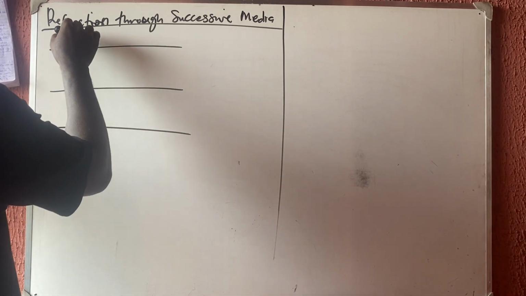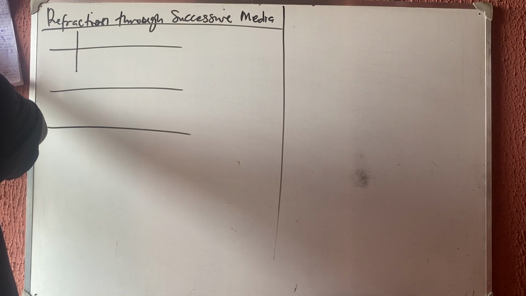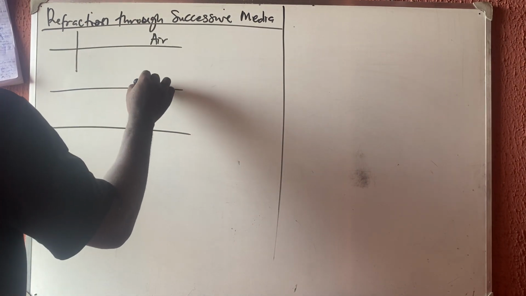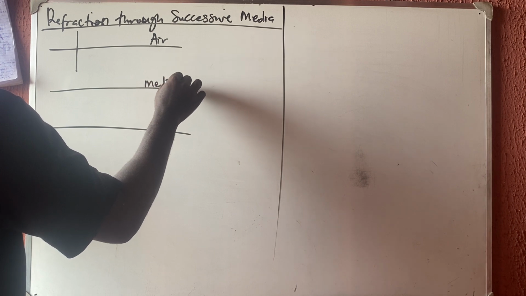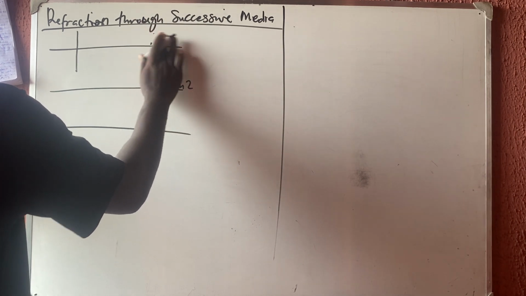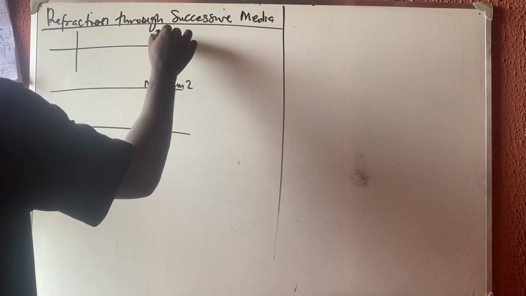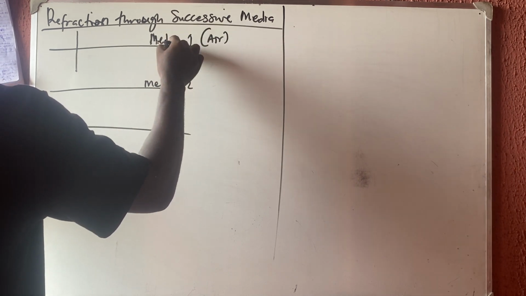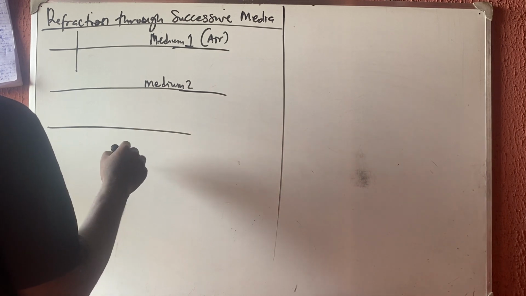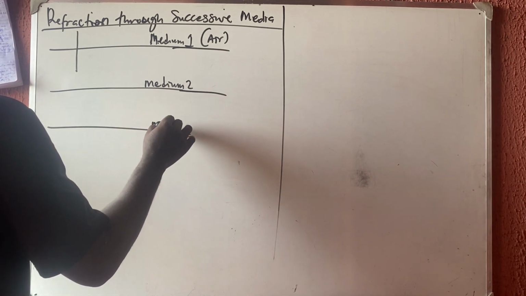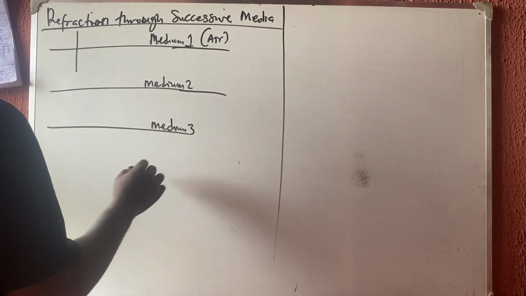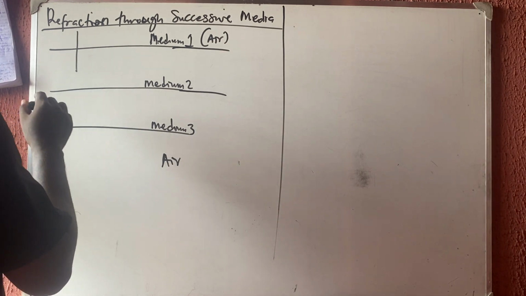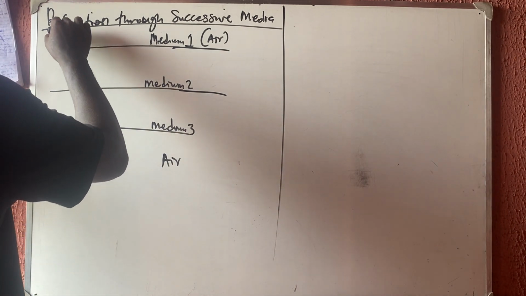Then I have the first point here. Medium 1 is air. Let's say medium 1, but let's say that it is air. Then medium 2 can be anything. Then medium 3, then we now land in air again. So I now have that this comes this way.